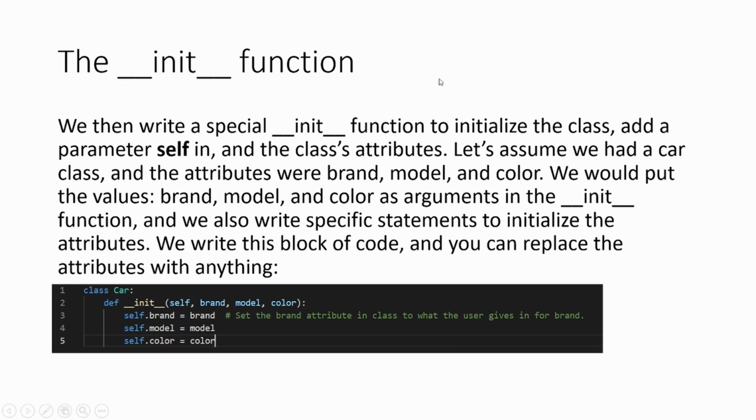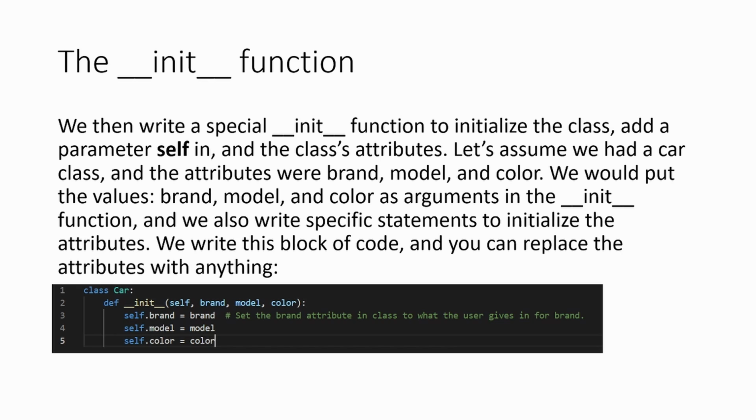Now, the init function. This is a little bit complicated, but then we write a special __init__ function. The underscores are very important. And basically, it initializes the class. It adds attributes. So we're going to put a parameter, self, in, and the class's attributes.